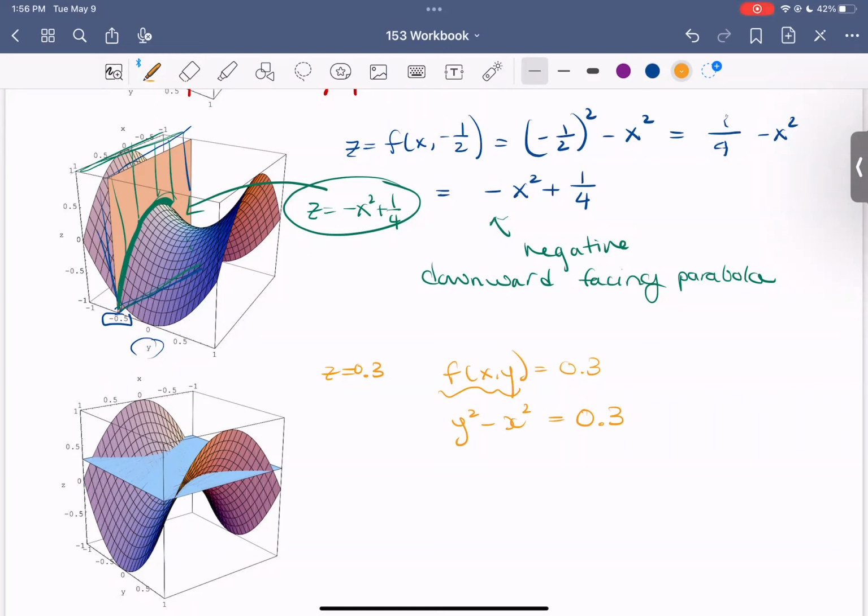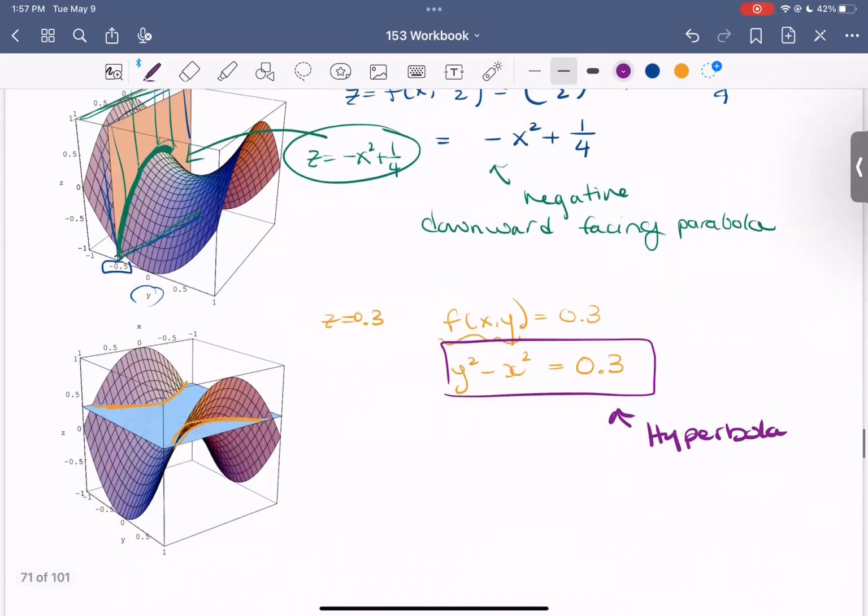So what kind of shape does this curve look like? Well, I encourage you to look at the diagram over here and see if you can maybe draw out what that curve looks like. Kind of hard because we have the underside of the saddle as well that we're looking at. So does this shape look familiar? It might have been a while, but when we have an equation like this, where we're squaring and subtracting, this is actually a hyperbola.